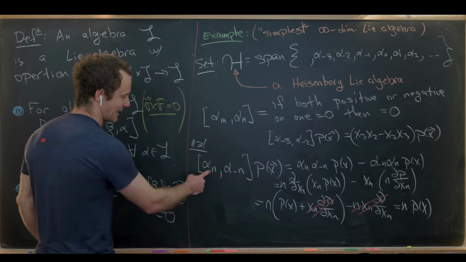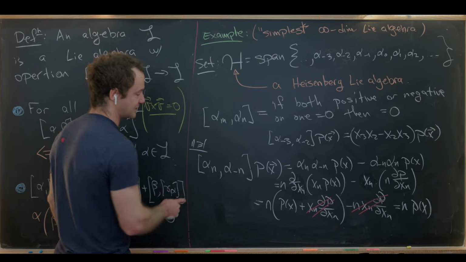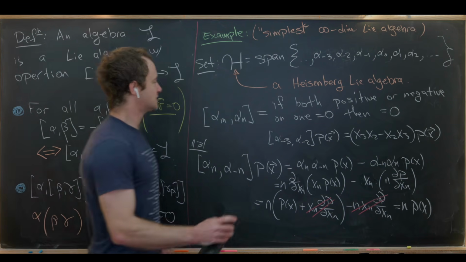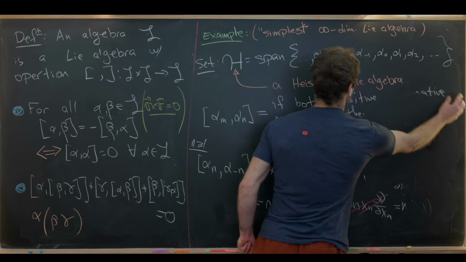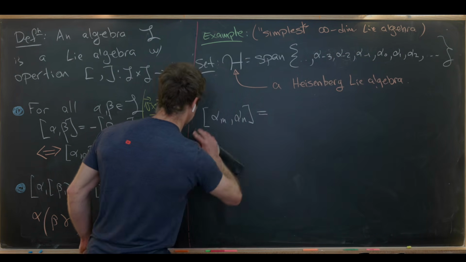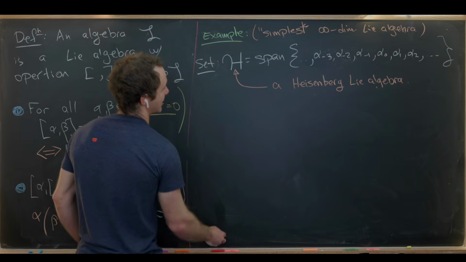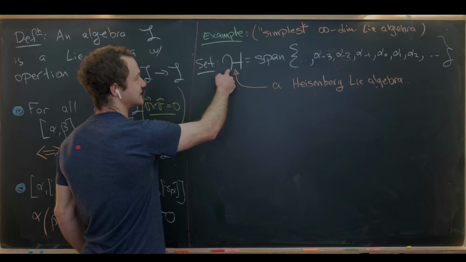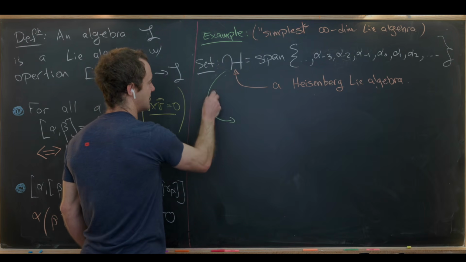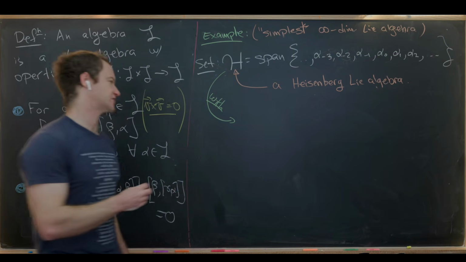So this happens if one is positive and one is negative, and they're equal and opposite, but it's pretty easy to check that this is the only time that you get something that's non-zero. So maybe we could summarize this as follows. As a vector space, it's going to be these sorts of linear combinations of these sorts of elements, with the following bracket relations.